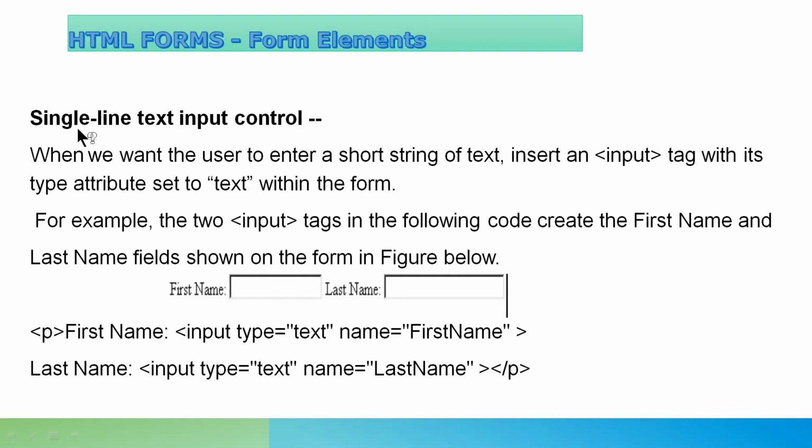Next comes the single line text input control. For this we will be using the input tag. The input tag specifies an input field where the user can enter data. The input element is one of the most important form elements. The input element can be displayed in several ways depending on the type attribute.